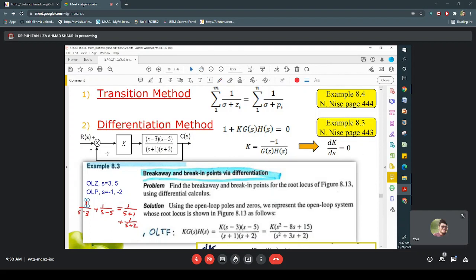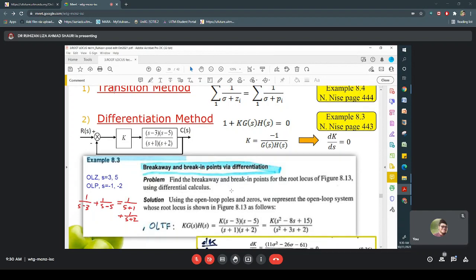Can you get it? 1 over s minus 3 plus 1 over s minus 5, and then s plus 2 and s plus 1.